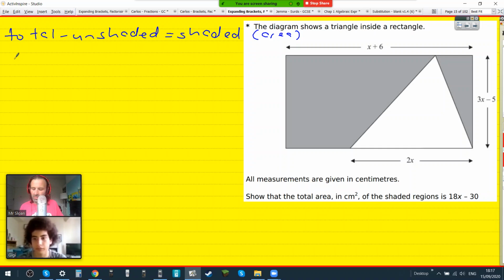What's the area of the triangle again? It's height times width divided by 2. Yep. Well, that's not the total.